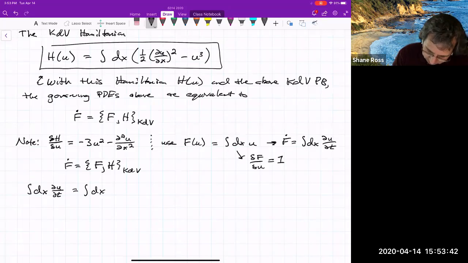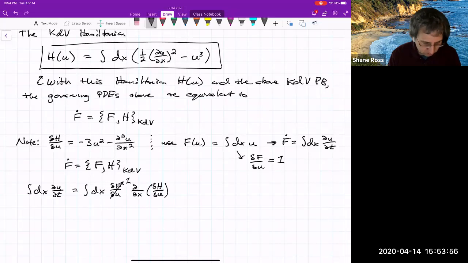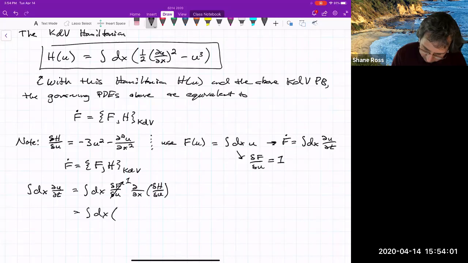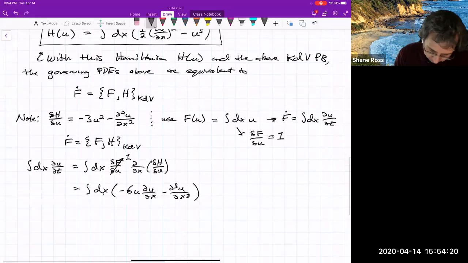Based on what we wrote up above, we've got the functional derivative of f with u, which is just 1, times the partial derivative with respect to x of the functional derivative of h with u. This is where the 6 shows up, so minus 6u partial x minus the third derivative of u with respect to x.